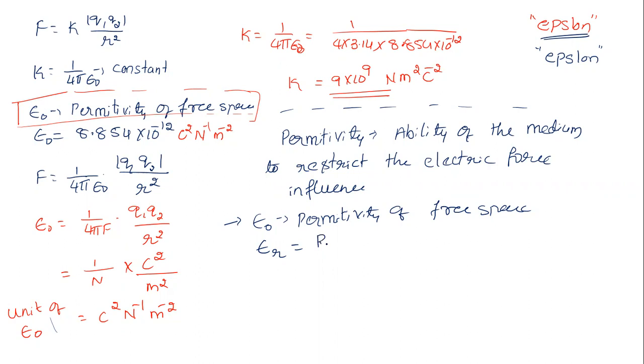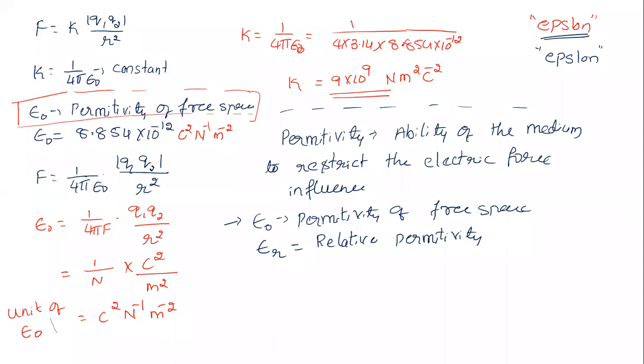Epsilon r is the relative permittivity. This relative permittivity tells us the ability of the medium compared with some other medium.